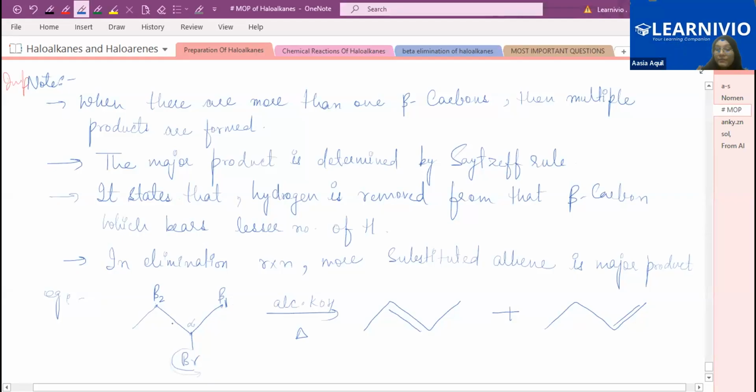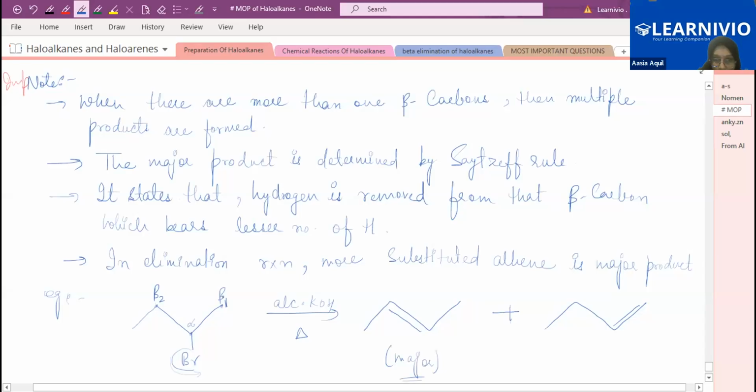So whenever the beta carbon is more, we have more than one products, right? And the major product is according to the Saytzeff rule, right? So Saytzeff rule states that the hydrogen is removed from that beta carbon which bears the less number of hydrogen, right?